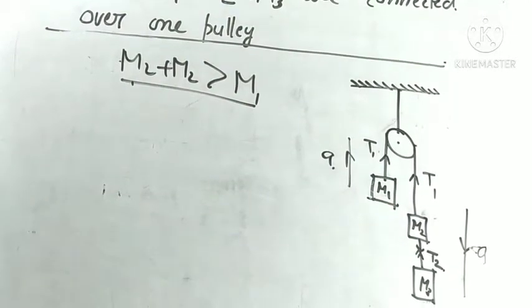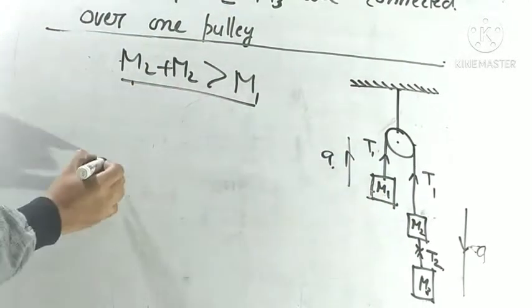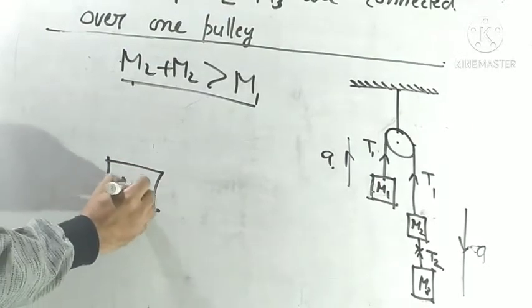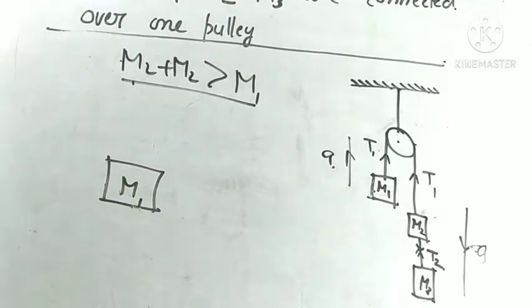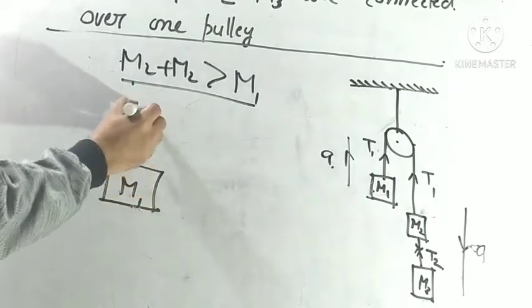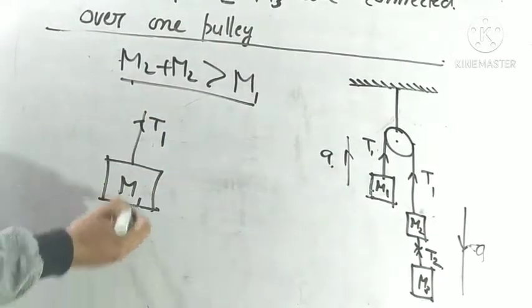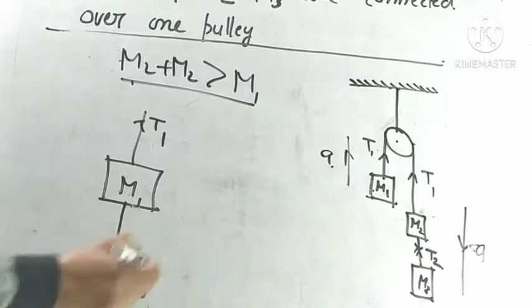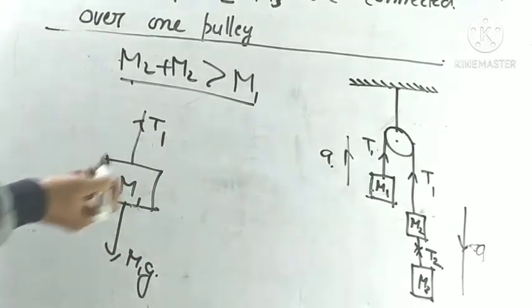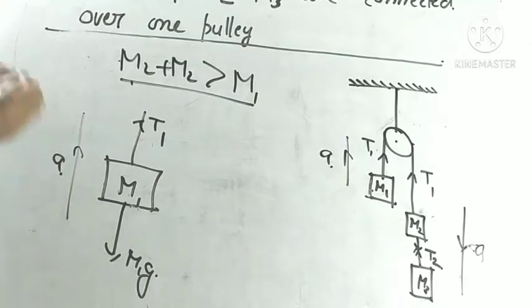Now we discuss the free body diagram of the first body having mass m1. How many forces are working on this body? There are two forces: tension T1 in the string, and the weight of the body vertically downward, m1g. This body will move vertically upward with acceleration a.